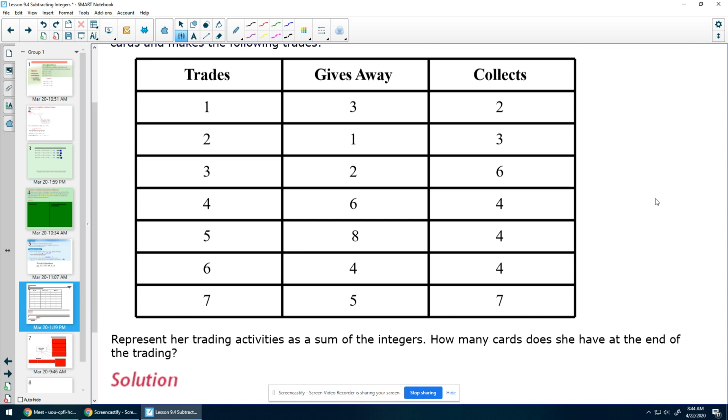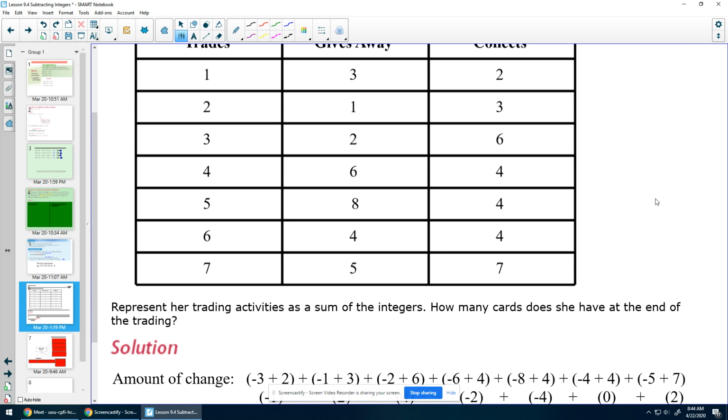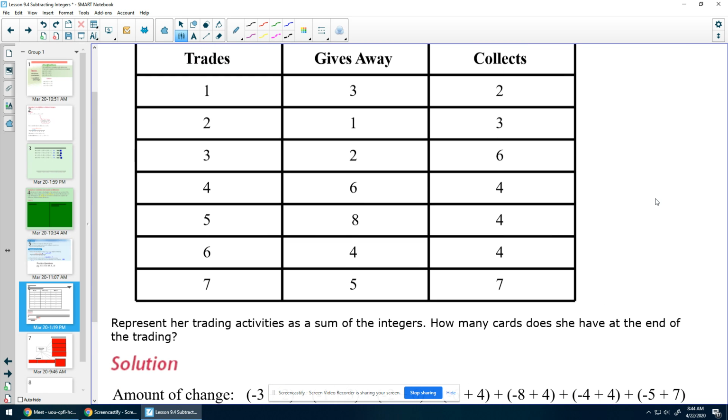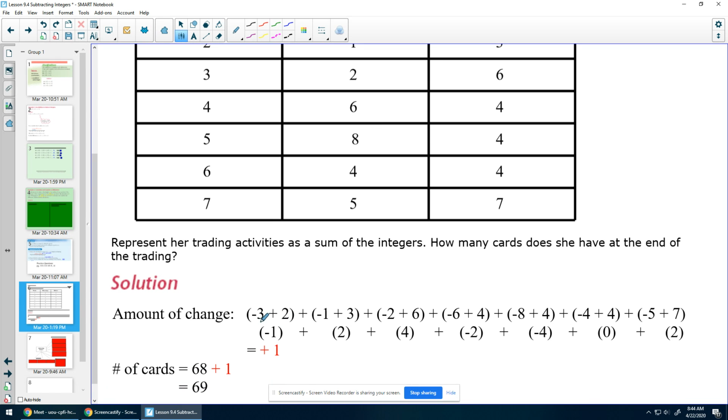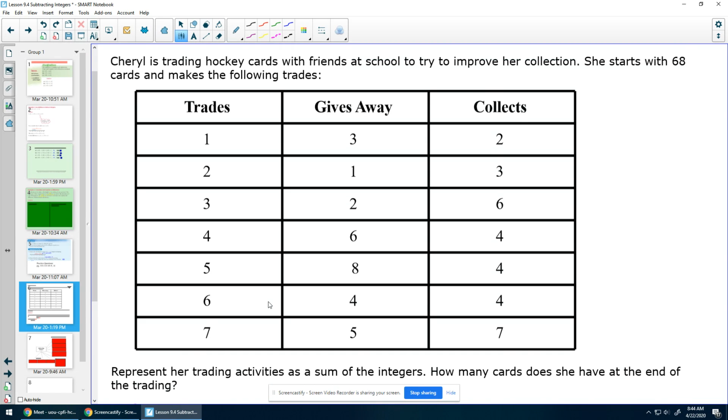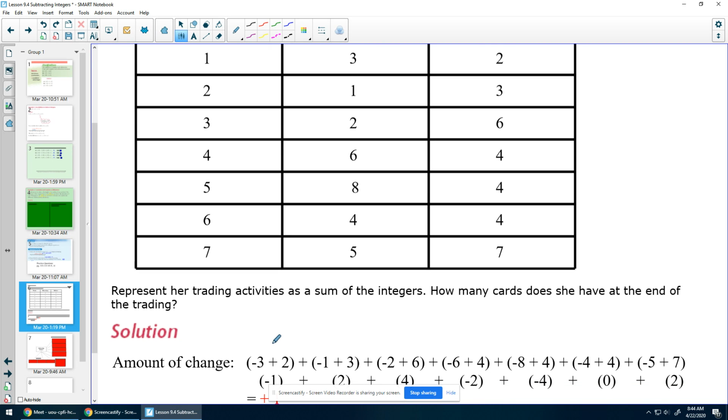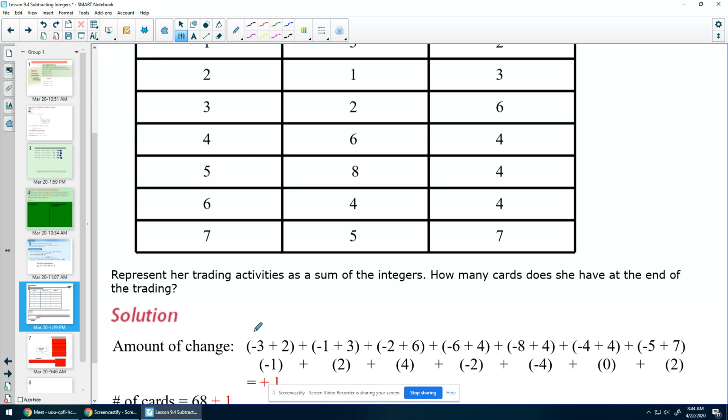Okay, so the solution to this is the amount of change. We start off with trade number 1. She gives away 3, so that's shown right there. Then she collects 2. So we're going to put that in brackets because that's all together for trade 1.